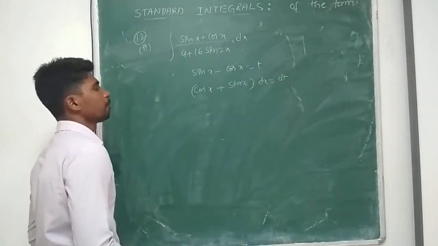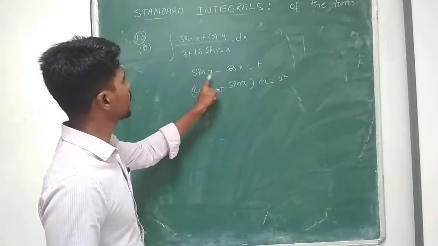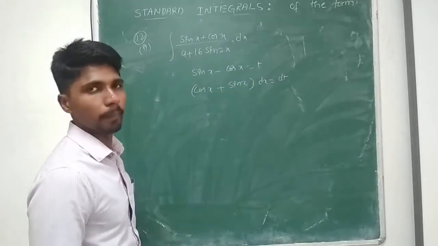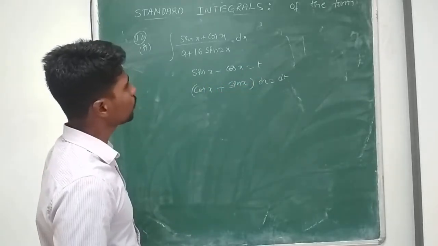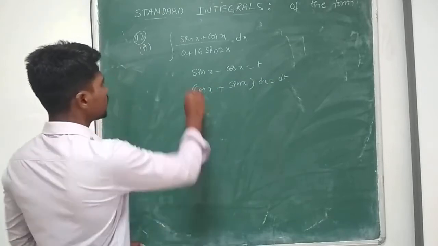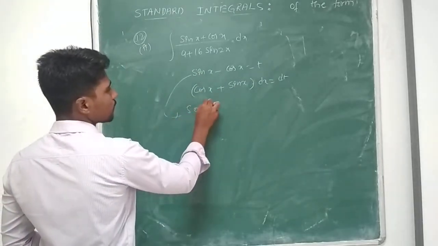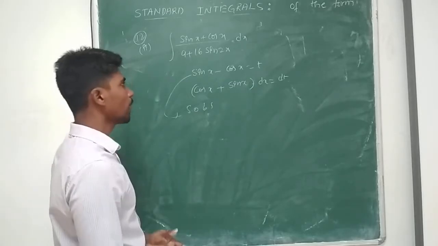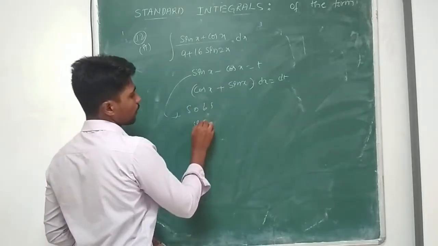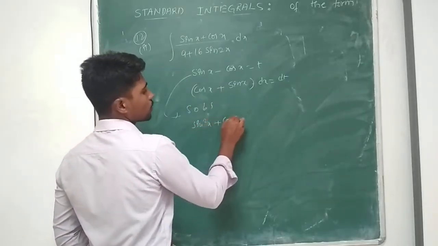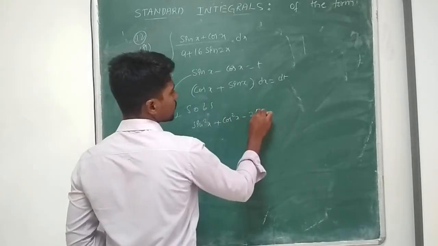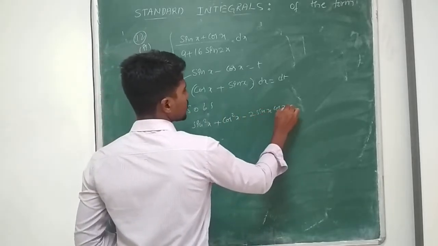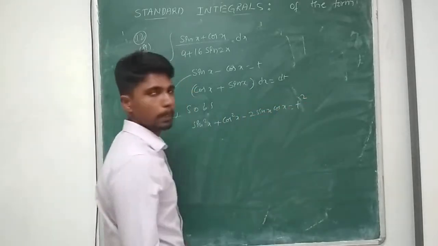In the same way, if I consider sin x minus cos x as t, squaring on both sides, what do I get? Sin square x plus cos square x minus 2 sin x cos x, which will be equal to t square.